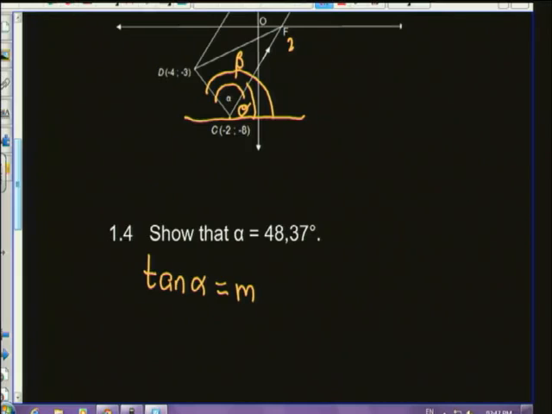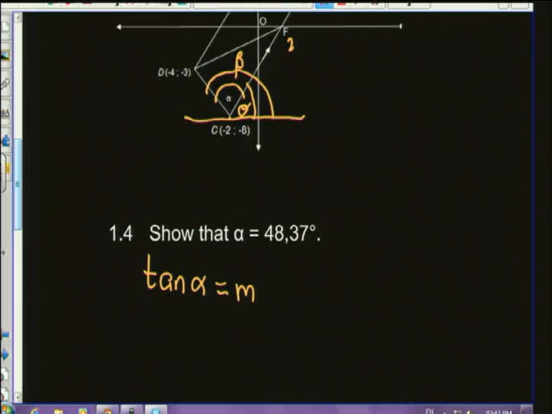I'll say that again: if I take the big angle beta and subtract the small angle theta, you'll be left with alpha.